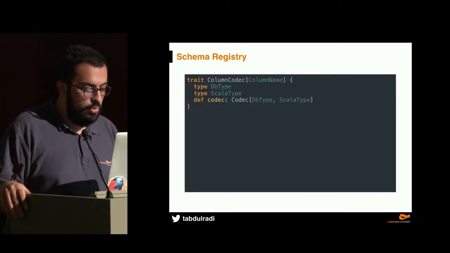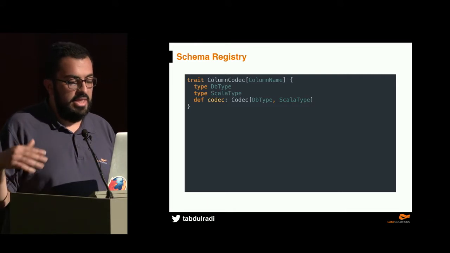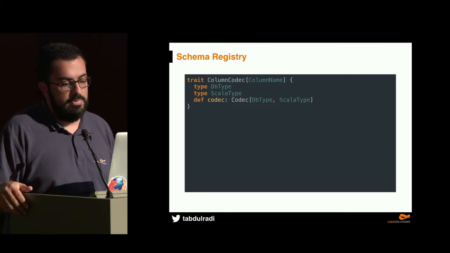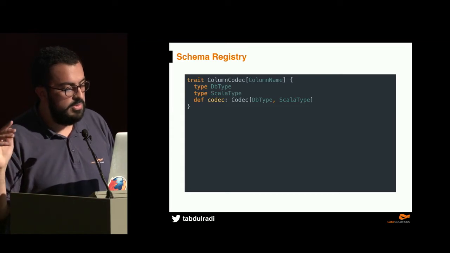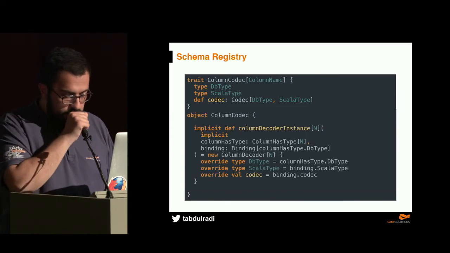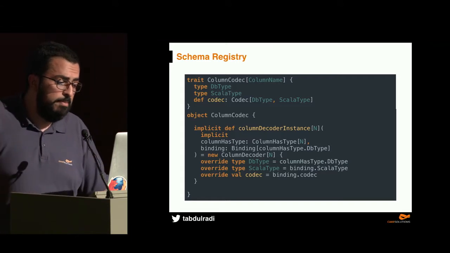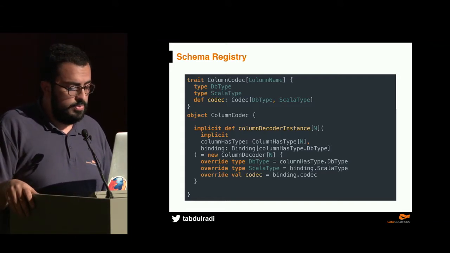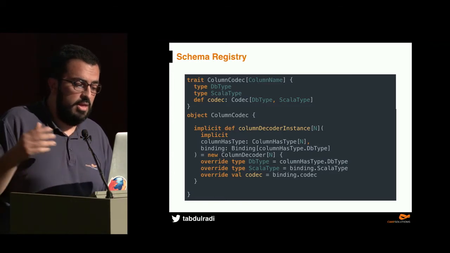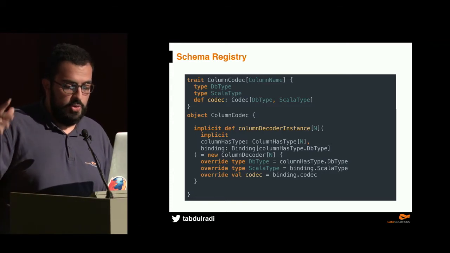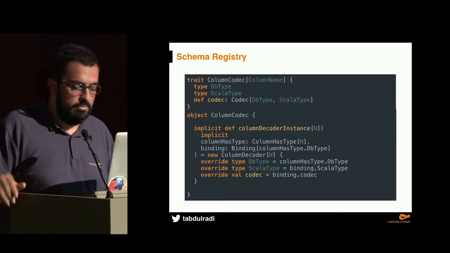The way you compose type classes is you define the wrapper type class; the input is the column name, the output is everything in the middle: DB type, Scala type, and the codec.